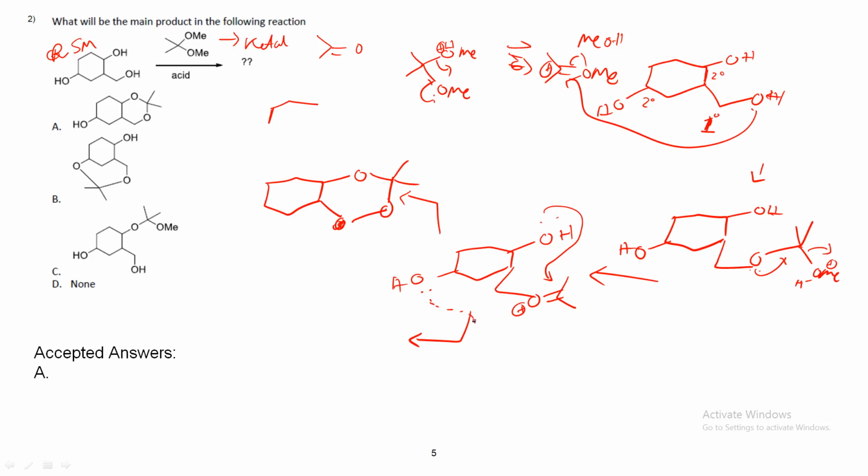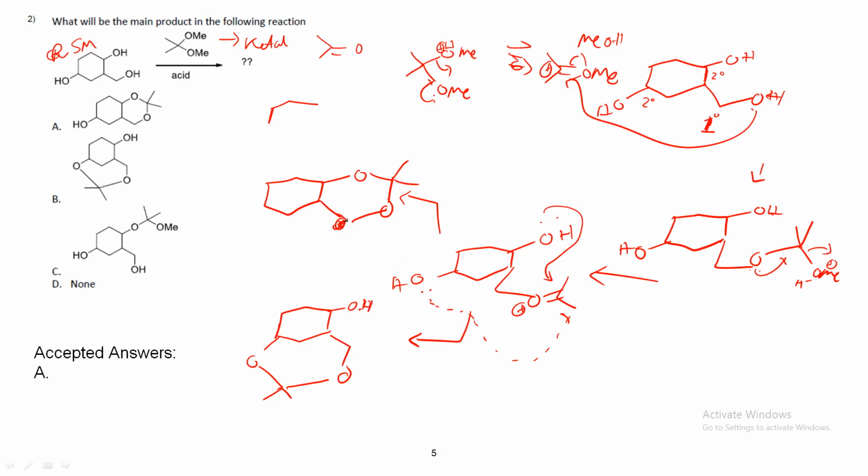And if this one attacks, then a distorted system will be generated. So this kind of species will be generated.